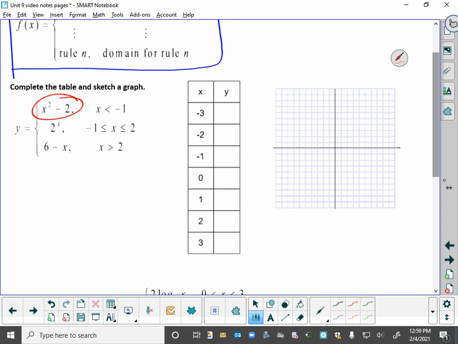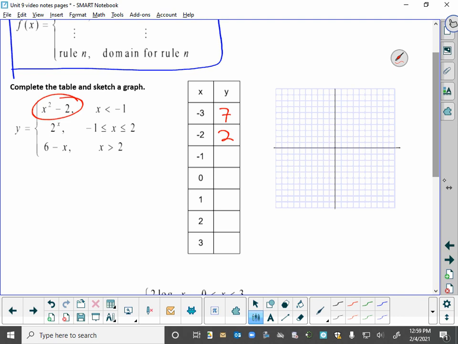And -3 squared is 9. 9 minus 2 is a 7. Okay. If I go to -2, -2 is also smaller than -1, it doesn't fit into any of these other domains. And so -2 times -2 is 4. 4 minus 2 is a 2.